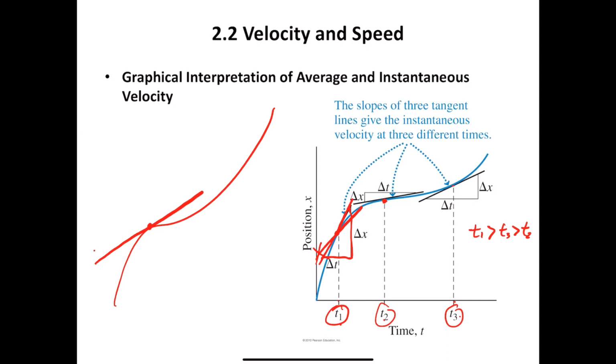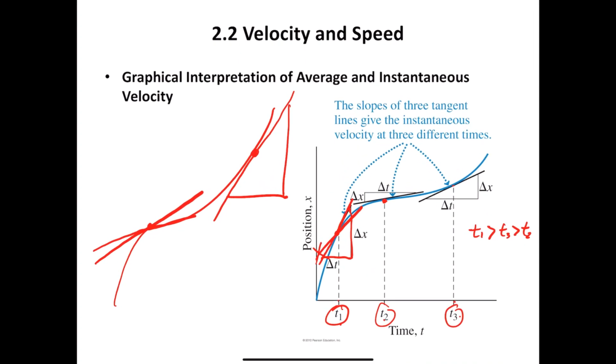If you argue, you shift this one a little bit, this is not a tangent anymore. This is what we call a chord. So tangent is only one. It means you draw the tangent, find the slope, and then the instantaneous velocity is only one. You don't have more than one instantaneous velocity.